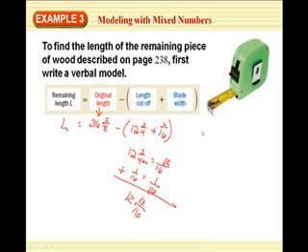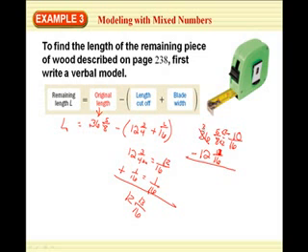So we need to take 36 and 5/8 minus 12 and 13/16. Common denominator is going to be 16, times 2, times 2. 10/16 minus 13/16. Can't do it.